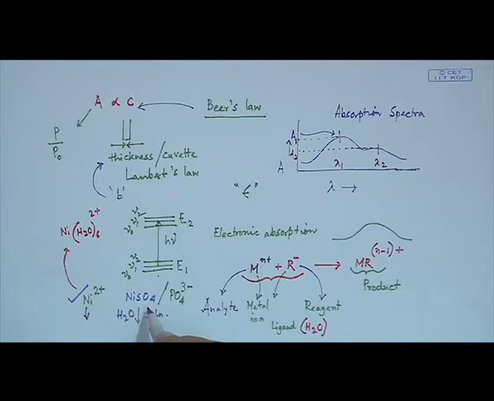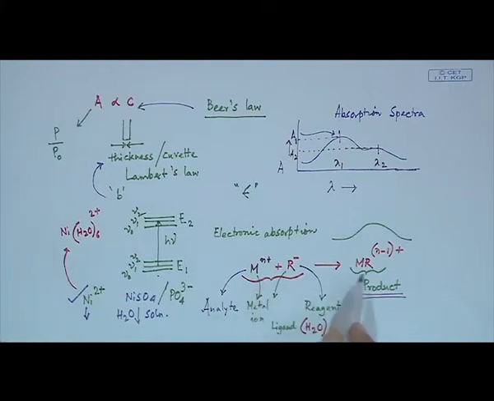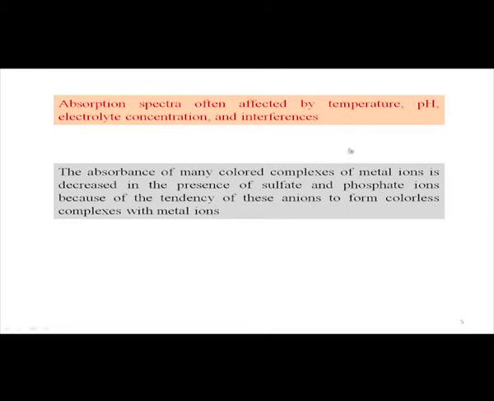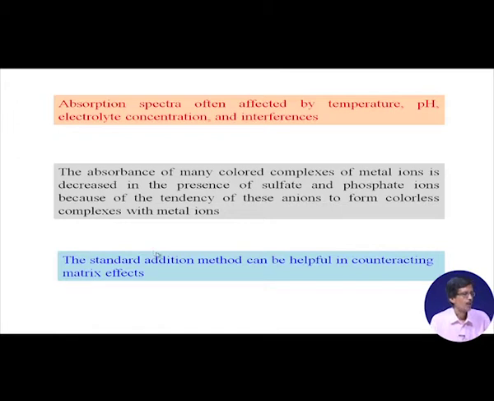That means, when they form back the corresponding salt like ferrous sulphate or ferric sulphate or nickel phosphate or ferric phosphate, they can reduce the corresponding color, and sometimes like your ferric phosphate, the product is colorless. So, we should consider the corresponding anion when we are talking in terms of the corresponding matrix formation. That is why we say the sulphate and phosphate ions should be avoided, because of the possible interaction with the complexes for their corresponding colorless phosphate or sulphate formation.